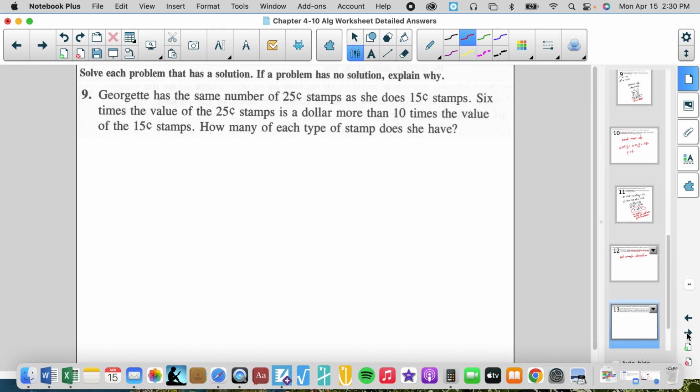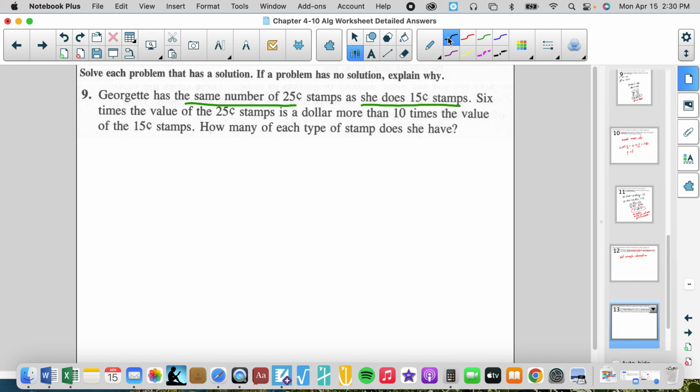Georgette has the same number of 25-cent stamps as she does 15-cent stamps. 6 times the value of the 25-cent stamps is $1 more than 10 times the value of the 15-cent stamps. How many of each type of stamp does she have?